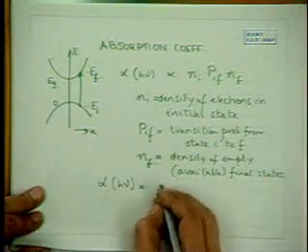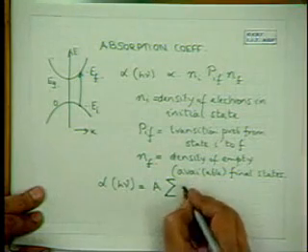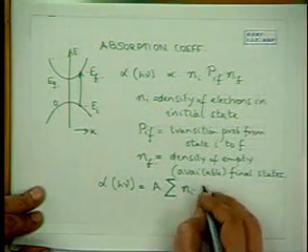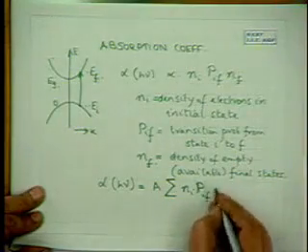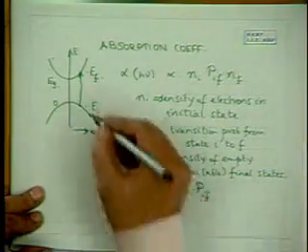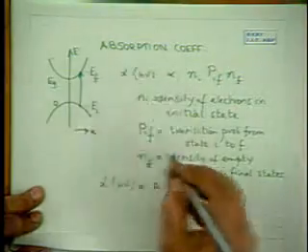So the total transition probability will be a constant, and summation of such transitions separated by energy h nu, which separates the initial state and the final state.